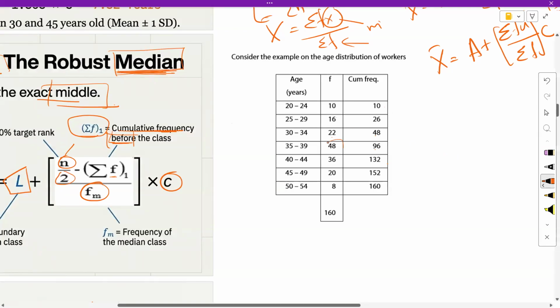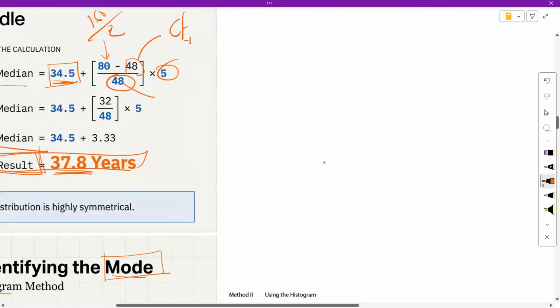This is the highest frequency, 48. This is the mod class. So the exact mod falls within this range. We'll see what it is.